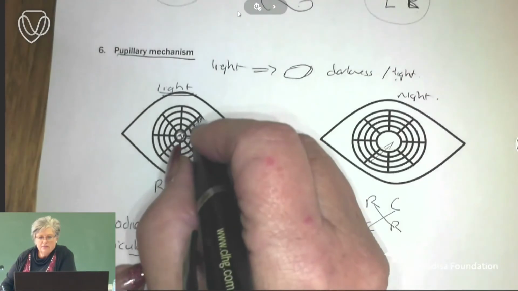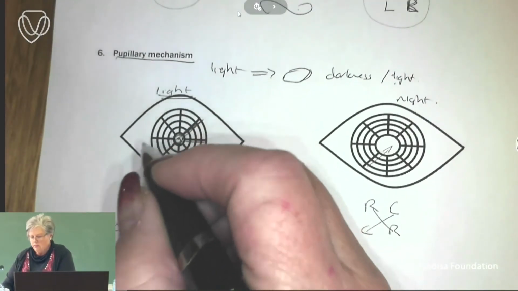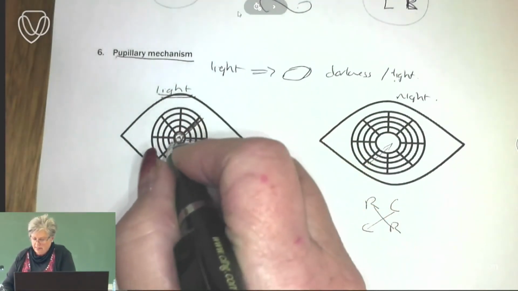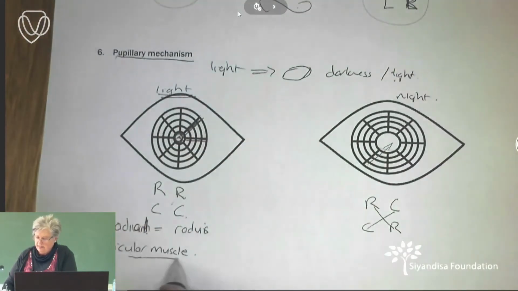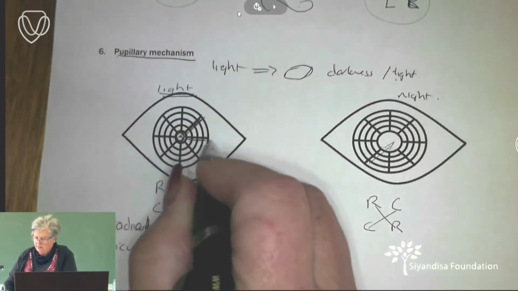If these muscles become relaxed, they were tense, they were pulled far away, now they are relaxed, then the opening gets smaller. That means the ciliary muscles have contracted.